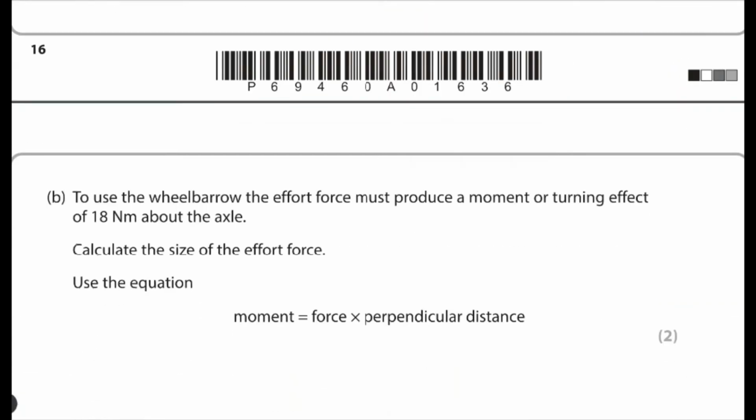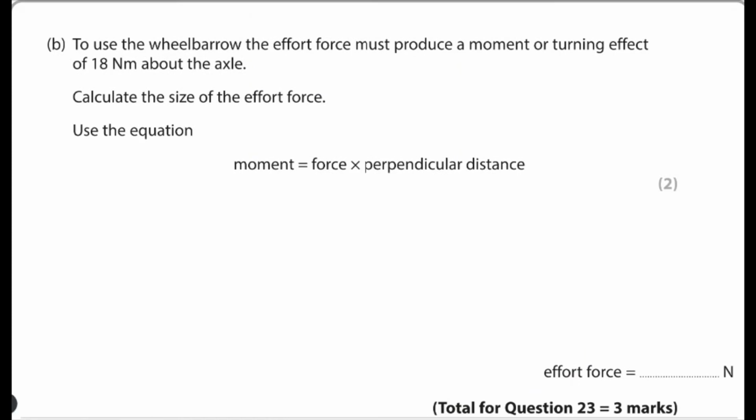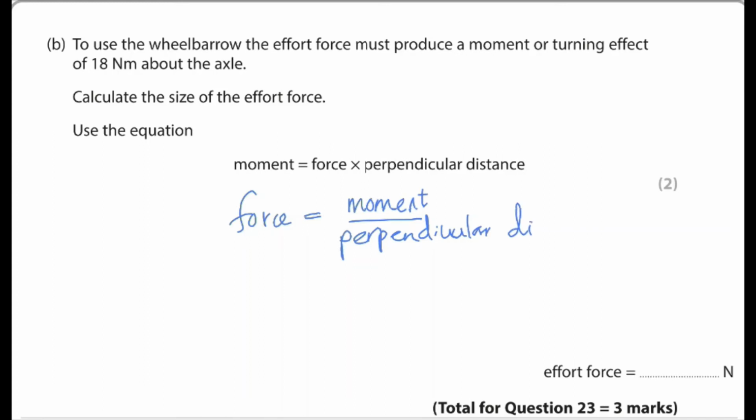Next. To use the wheelbarrow, the effort must produce a moment or turning effect of 80 Newton meters above the axle. Calculate the size of the effort force. Use this equation. They have given the equation, so they are asking you to find out the force. First of all, we'll make force the subject, and then look at what are the things that they have given. So force equals moment over perpendicular distance.